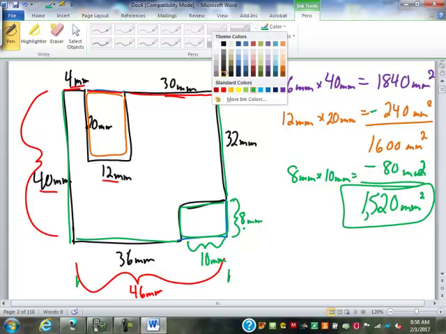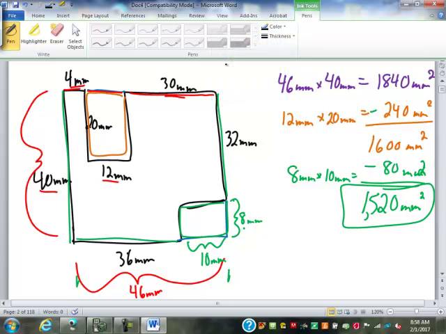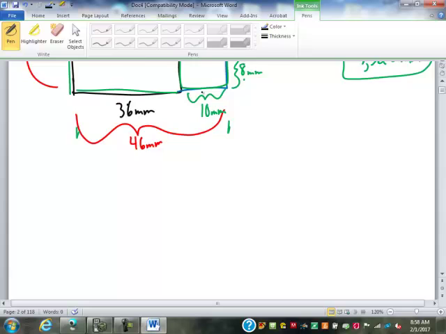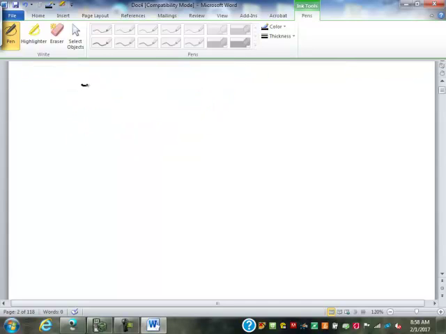Any questions? Will we get into millimeter cubed? Give me about 10 minutes. Well, you wouldn't feel right if you didn't.